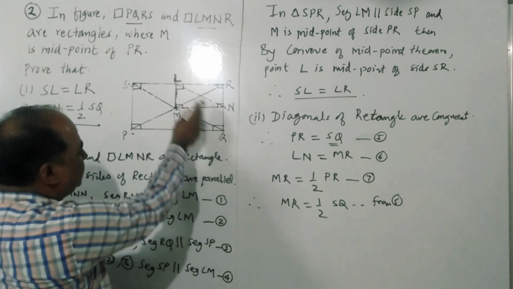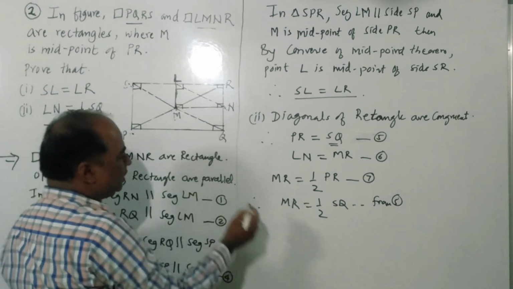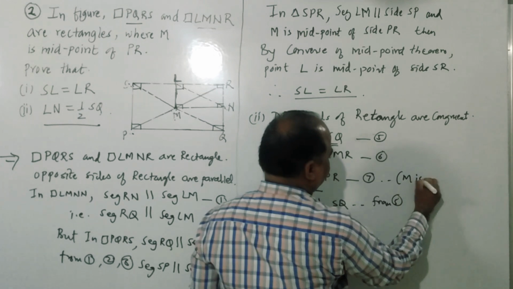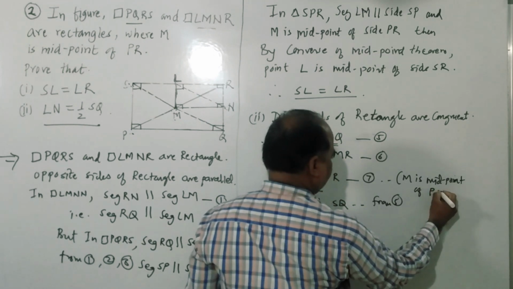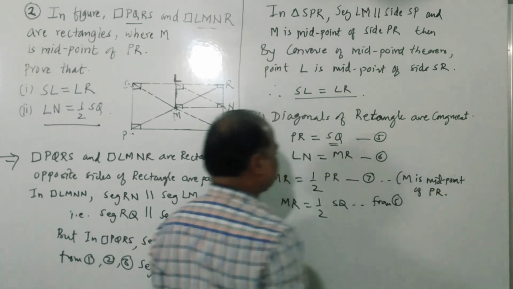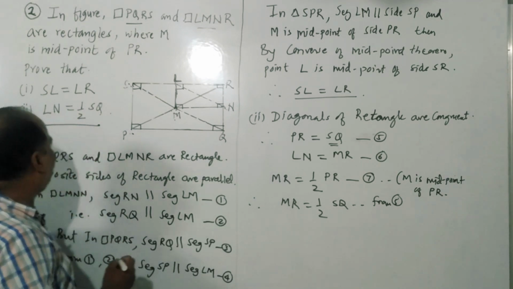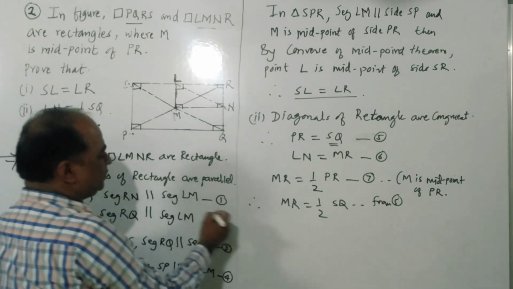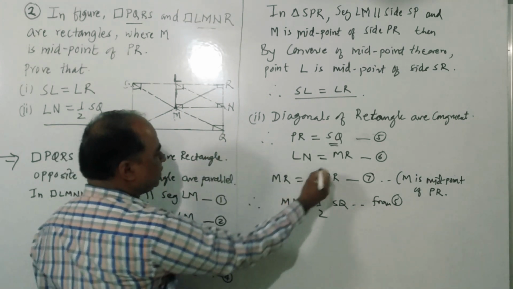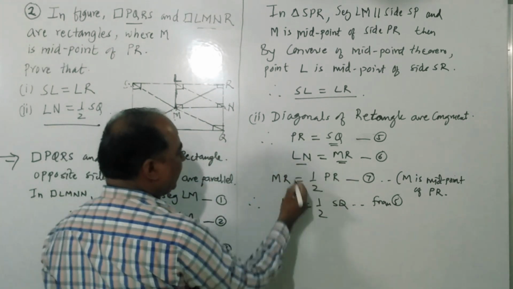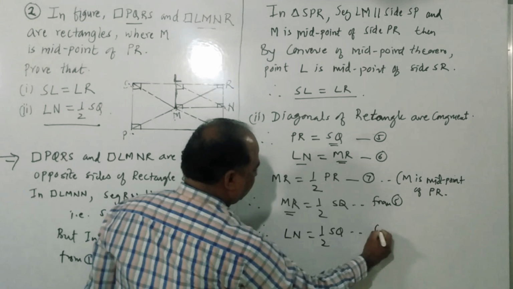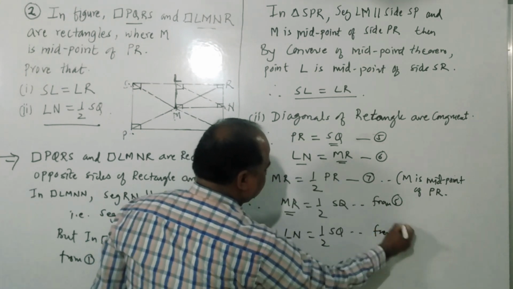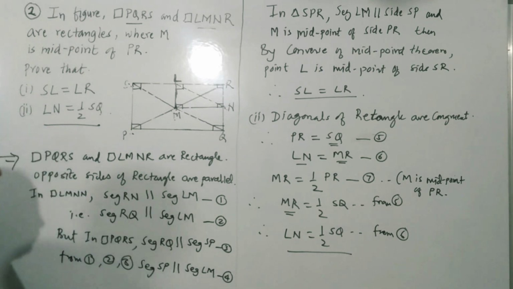Since M is the midpoint of PR, MR is equal to 1/2 PR. But here MR is equal to LN from 6. Therefore, LN is equal to 1 upon 2 SQ from statement number 6. So LN is equal to 1/2 SQ. We have proved it.